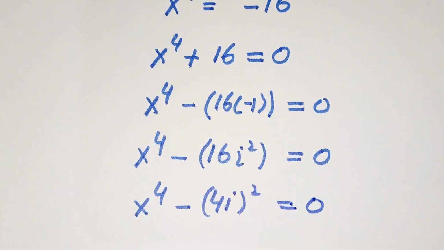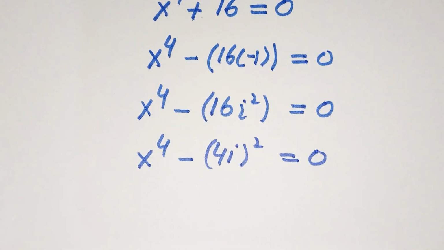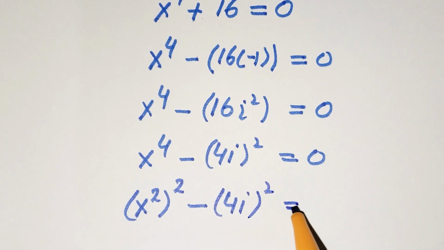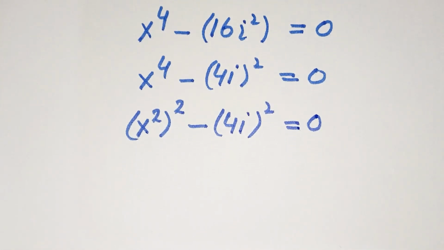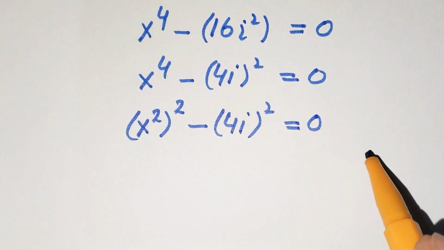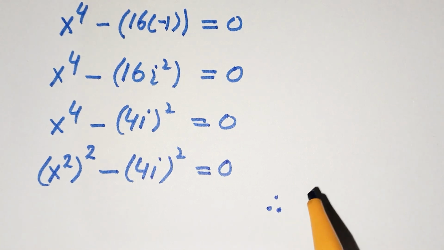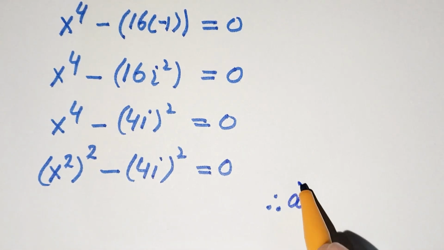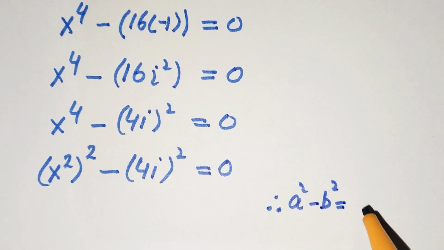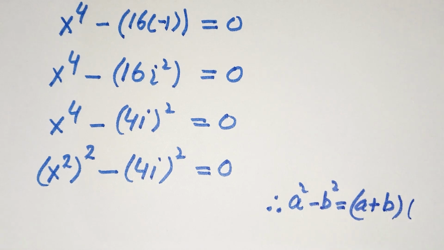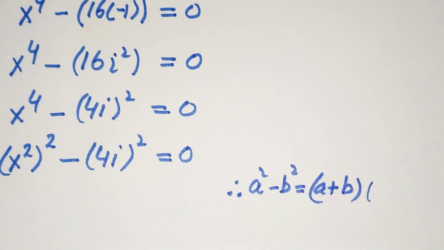And now we can see that it can be written as (x²)² minus (4i)², which is just a simple algebraic formula, as we know that a² minus b² is equal to (a plus b) times (a minus b).